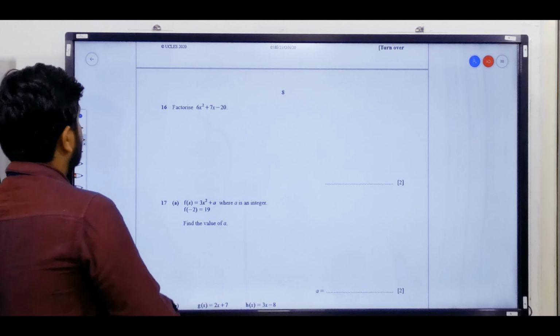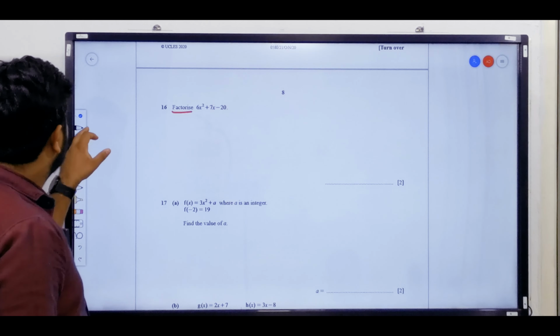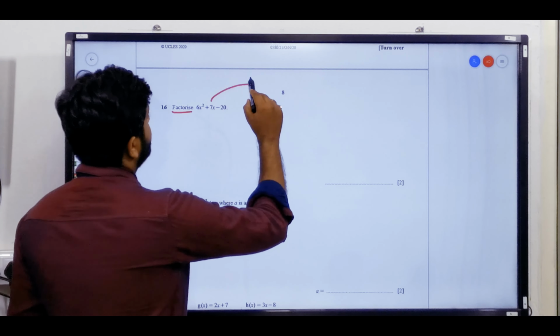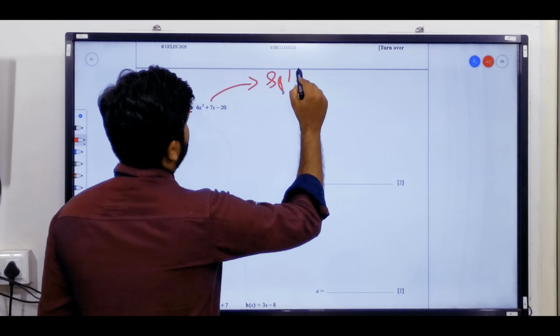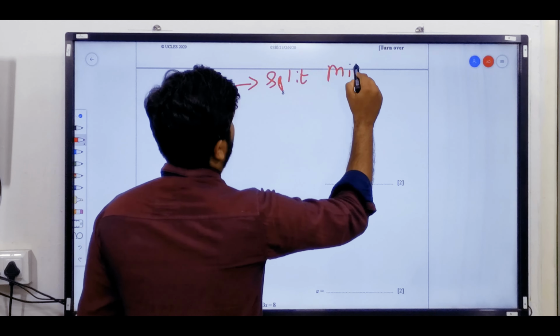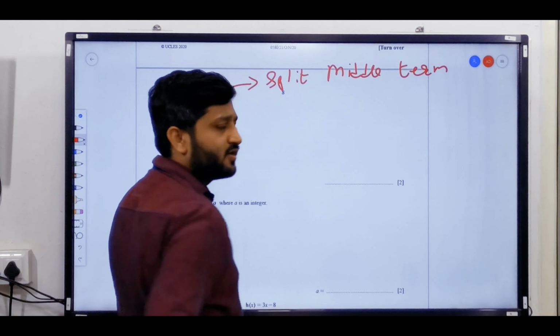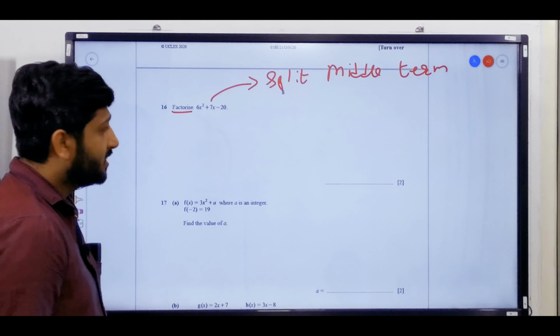Factorize. So what do you mean by factorize? Factorize means I have to split the middle term. Now how are you supposed to split the middle term?